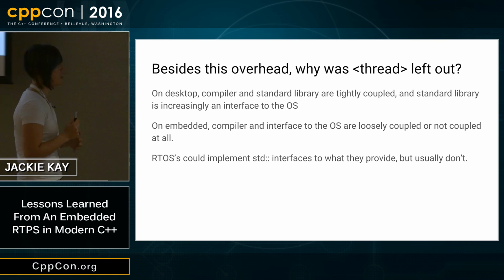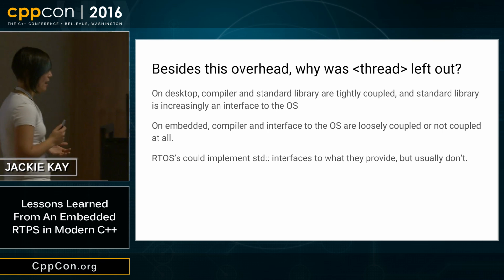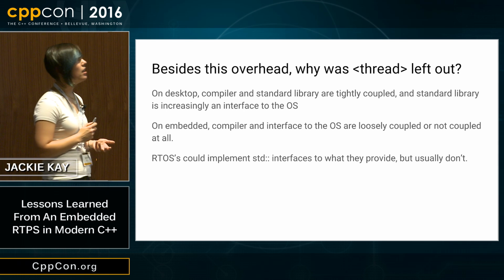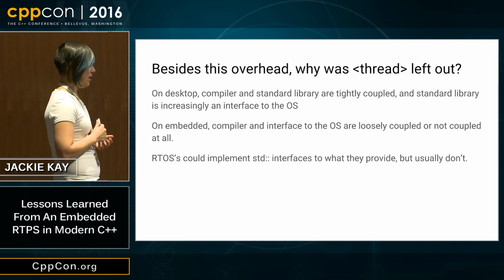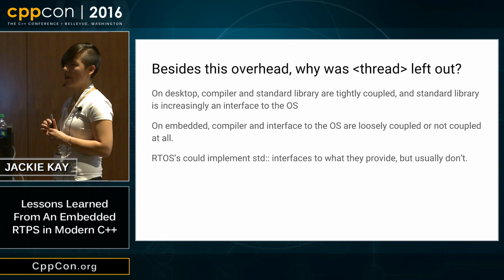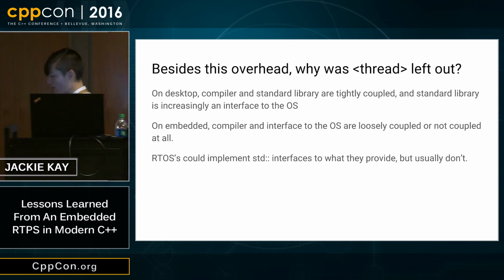So then the RTOS implementers would have to provide an implementation of thread, mutex, condition variable, etc. But they usually don't. In fact, they usually don't have much C++ support, and that's kind of rough.